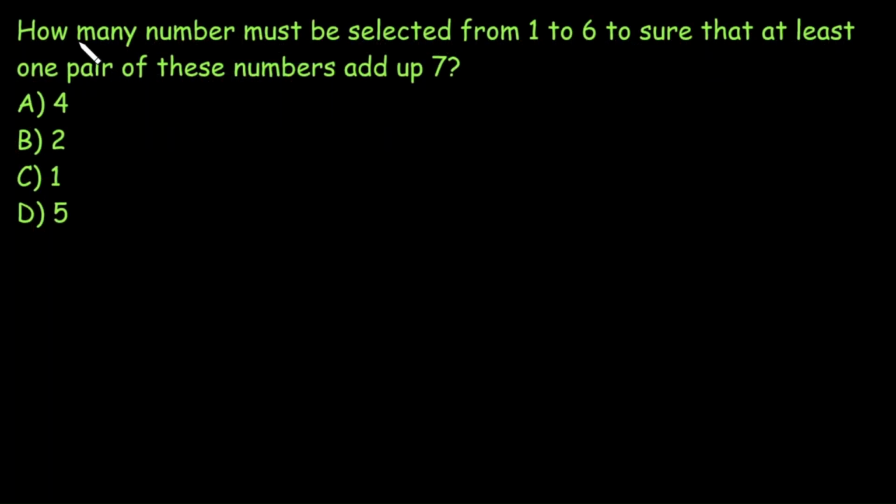Next question we have: how many numbers must be selected from 1 to 6 to show that at least one pair of these numbers adds up to 7? Now from 1 to 6, what are the pairs whose addition is 7? If I take the pair 6 and 1, addition is 7, the pair 5 and 2, addition is 7, the pair 3 and 4.